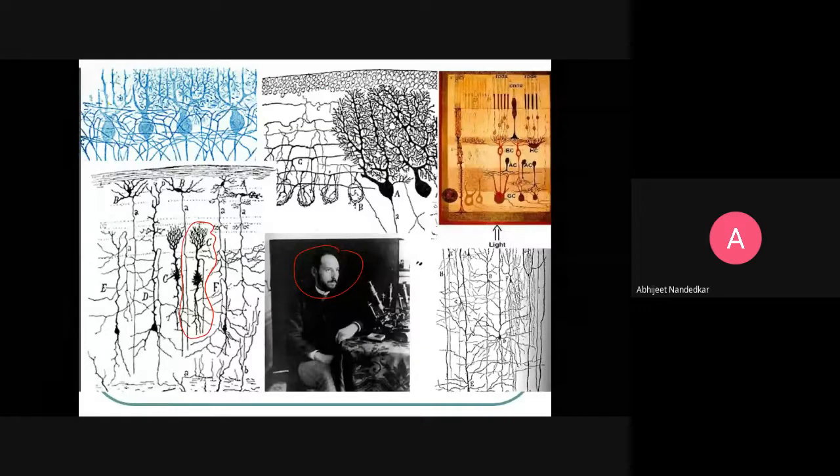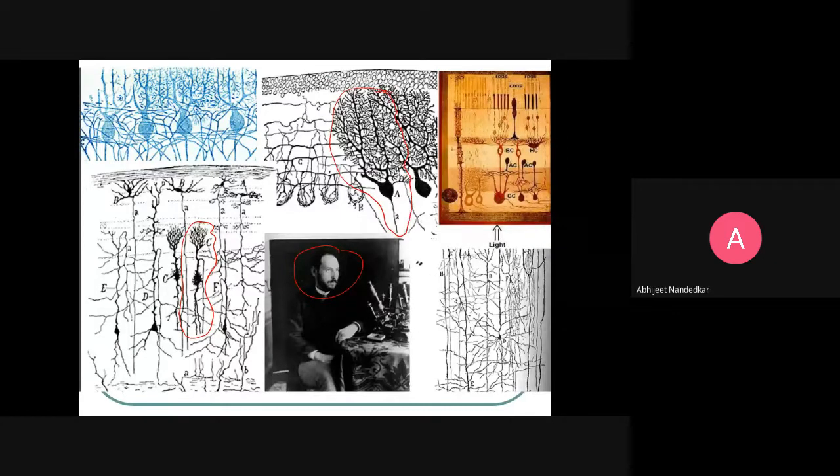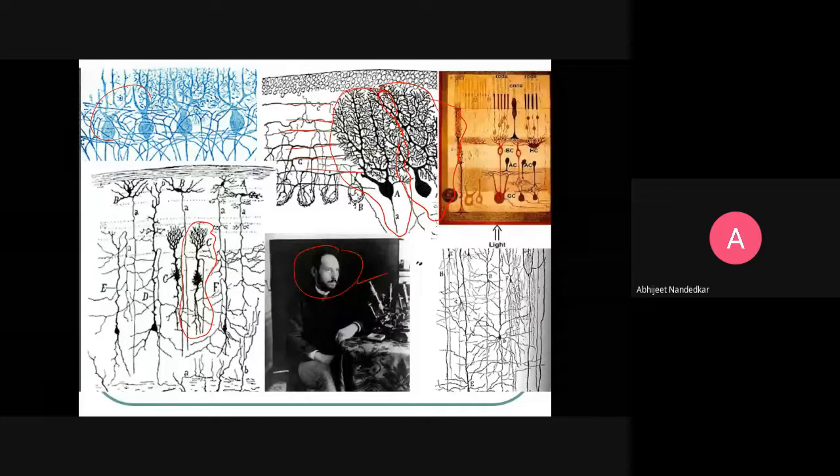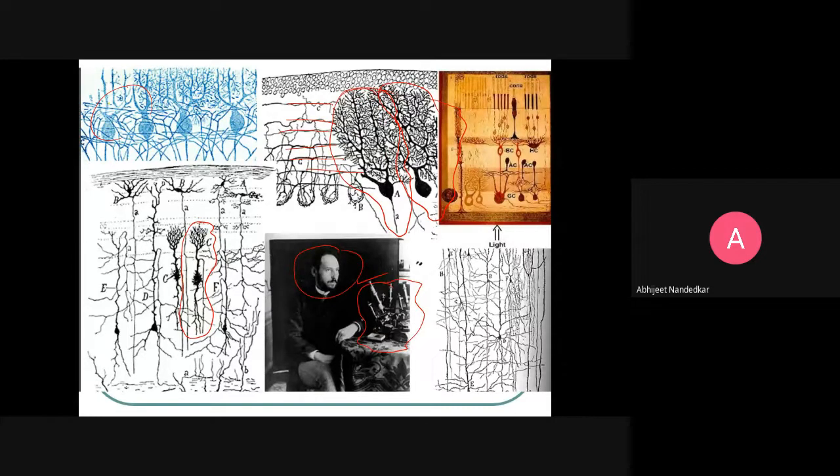If you have a close look, you can isolate one neuron like this, another neuron like this. It's a very complicated structure, and these are all connections running throughout this structure. Maybe this neuron is connected to some other neuron, like that. This fellow actually saw these things through the microscope, and he did these paintings on his own. So it's a very beautiful painting of your actual neuron.